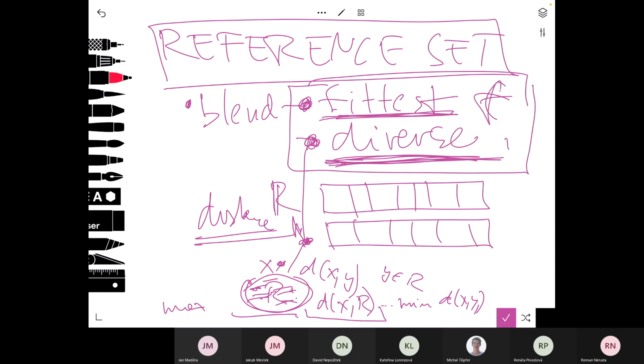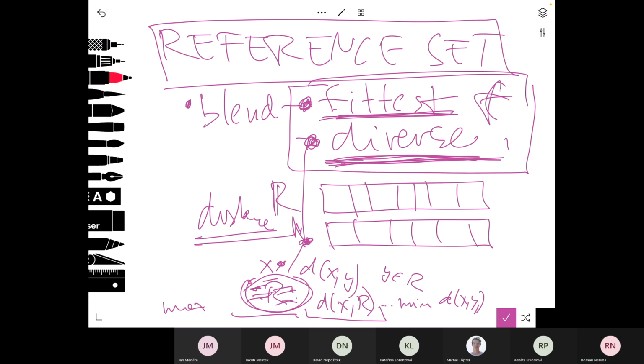The reference set can be updated either in a slow, incremental way, so each generation we add one or two new individuals into the reference set, or it can be completely renewed in every population.